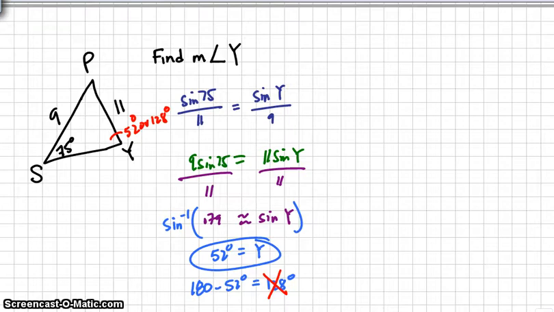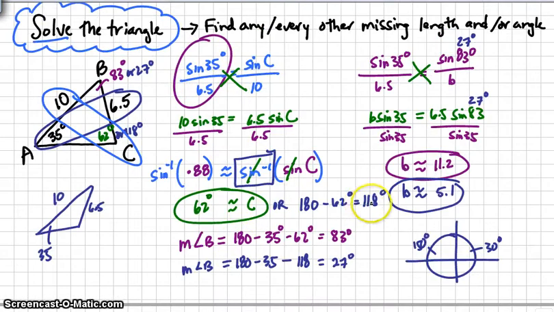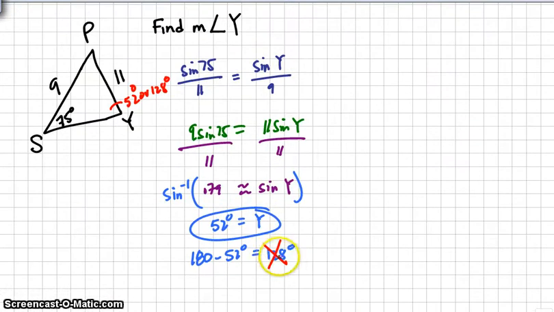So on some problems, you're going to test for that alternate answer, like we did on angle C here. It had two answers, 62 or 118, but know that sometimes that alternate answer doesn't exist or doesn't work. But you do need to always check for it or look for it.